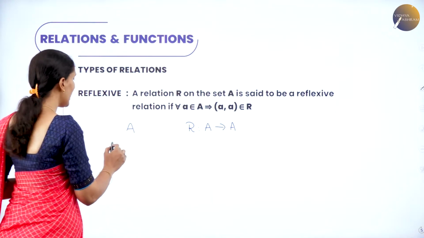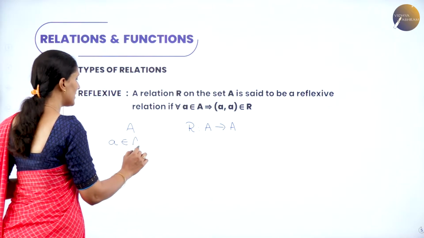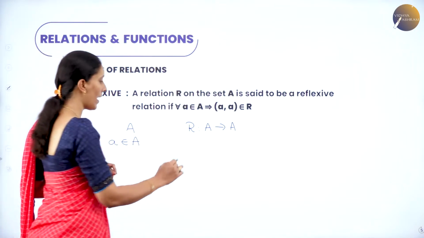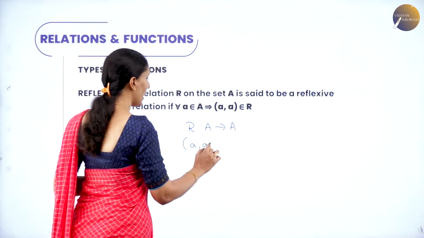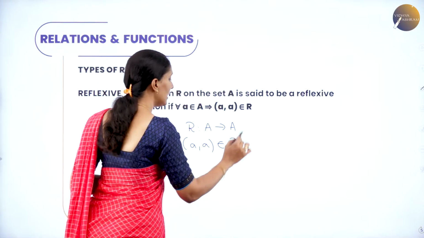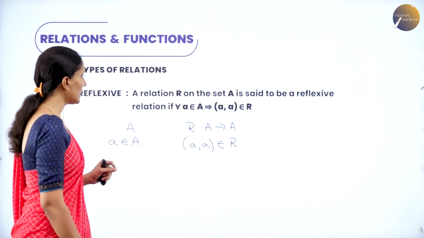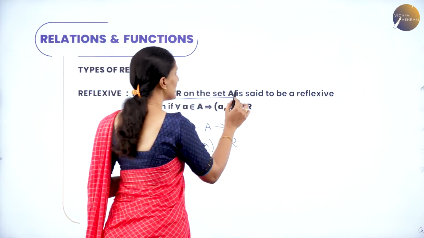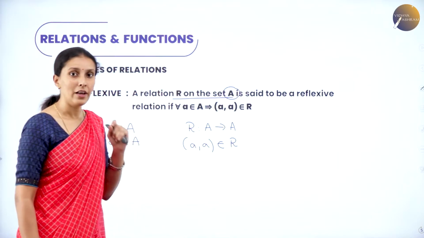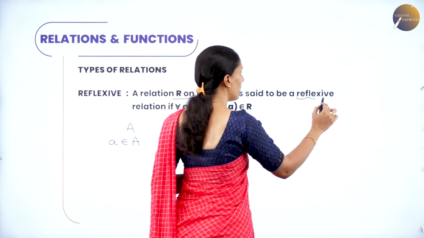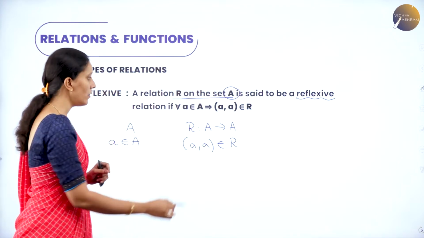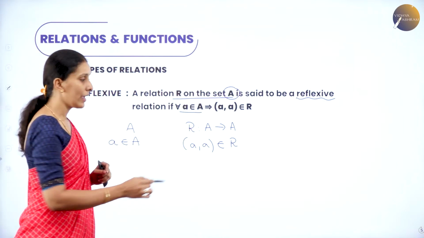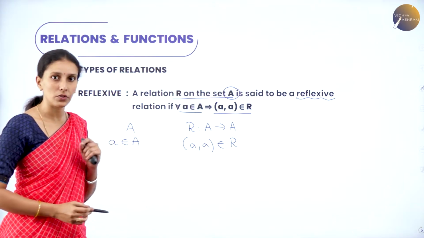Suppose I have any element a which belongs to the set A, then the ordered pair in the form of (a, a) must be present in the set of relations. That is, a relation R on the set A is said to be reflexive only when for all a belongs to A, (a, a) must belong to R.